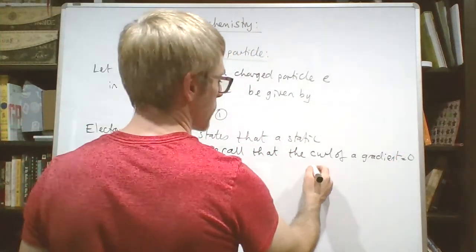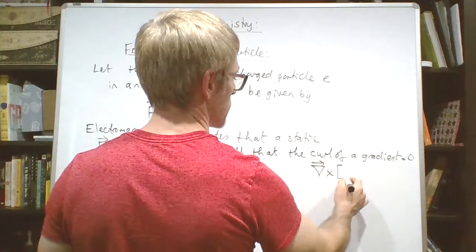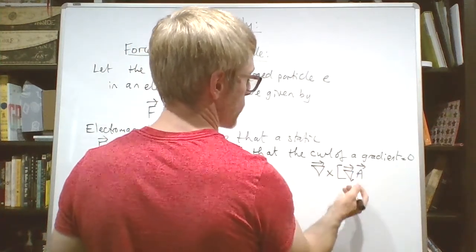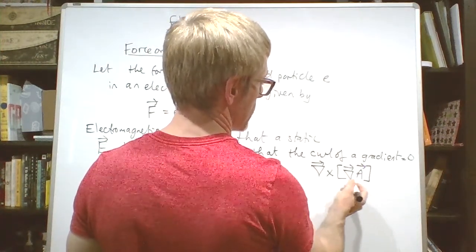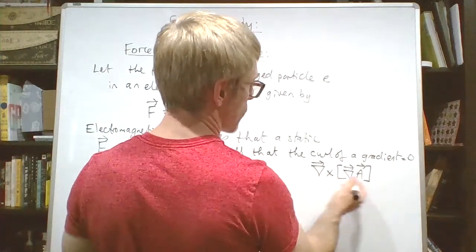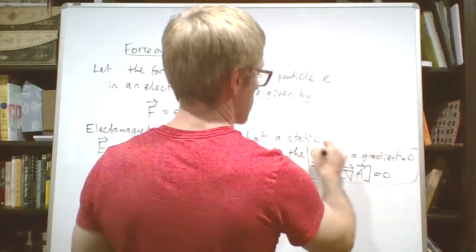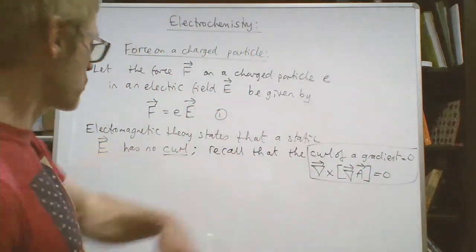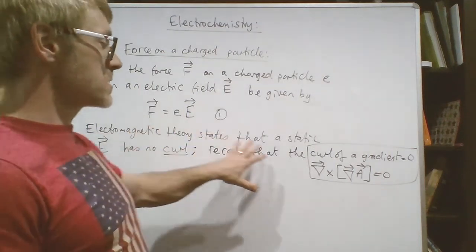So the curl of a gradient, del cross del A, that is, del multiplied by the vector A, take the curl of it, the del cross, that's 0. So that's words, that's a mathematical expression. Again, this is in a previous video. This is a statement, this is a recollection.